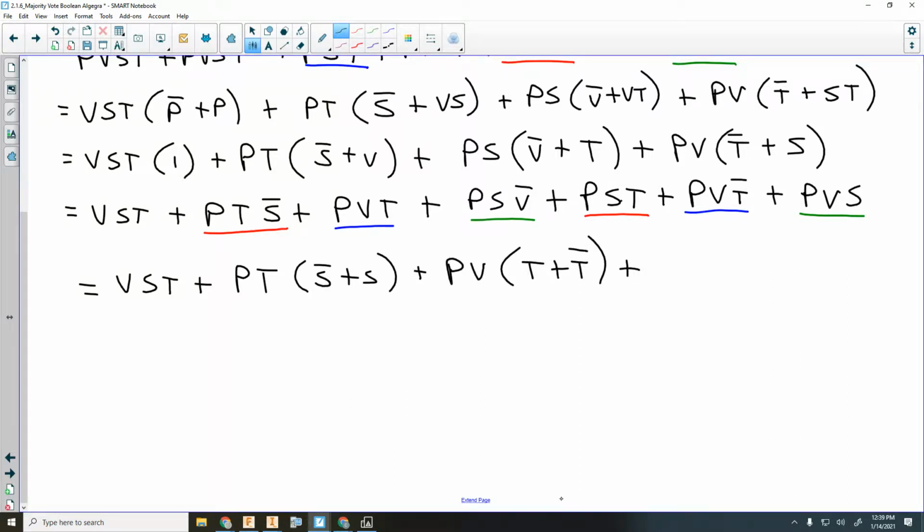In my green group, I can take out the PS and V naught or V. And of course, each one of those simplifies down to be a 1.